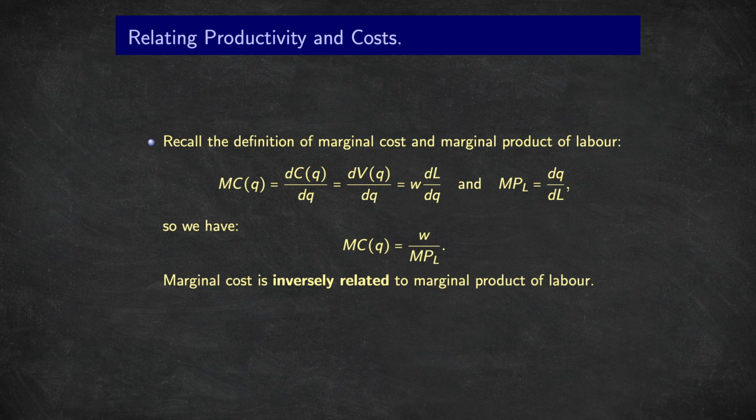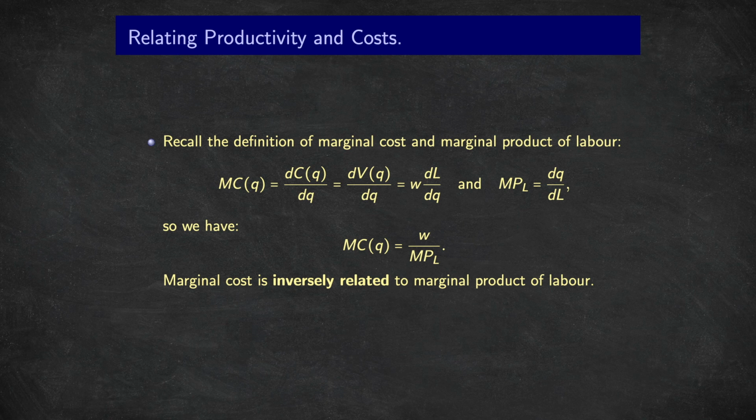Now, if I'm differentiating the total cost function, this is the same as differentiating the variable cost function because the derivative of the fixed cost will simply be zero. Okay, so differentiating the variable cost, which is W times L, I would get W times the derivative of L with respect to Q.